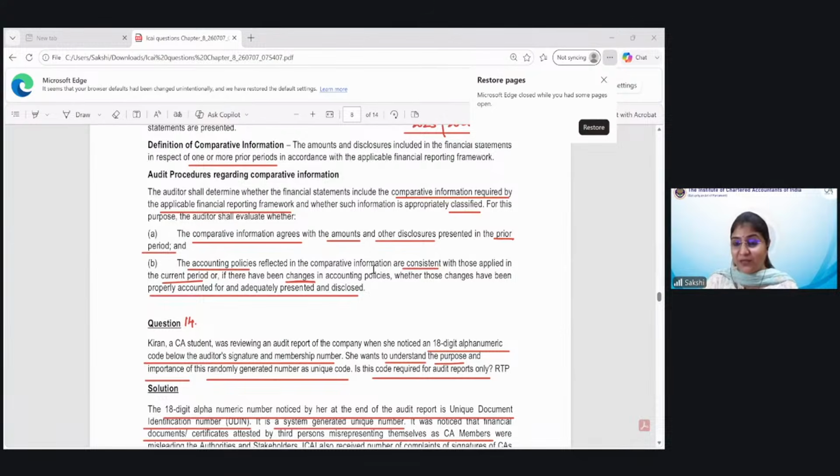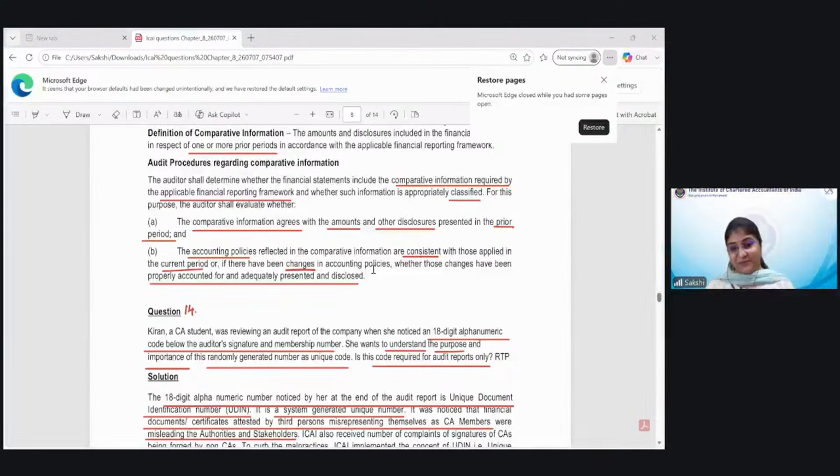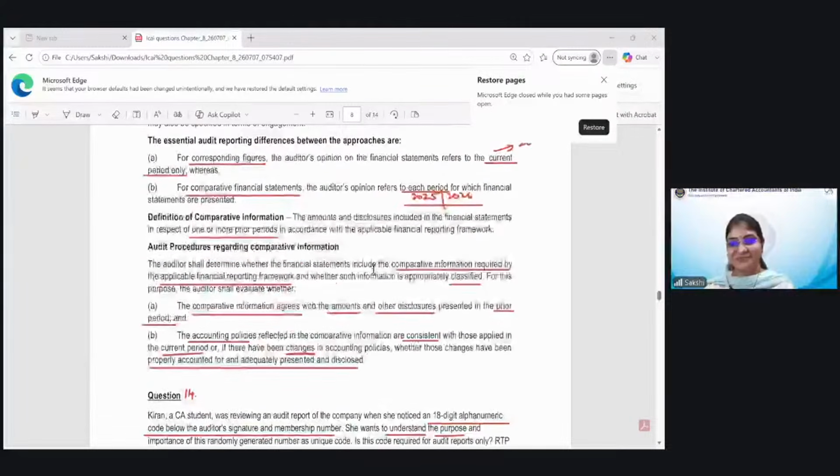The accounting policies reflected in the comparative information are consistent with those applied in the current period, like I told you, the depreciation policy. If there is any change in the policy, whether those changes have been properly accounted and adequately disclosed and presented. Is this clear to all of you? Please write to me in the chat box.